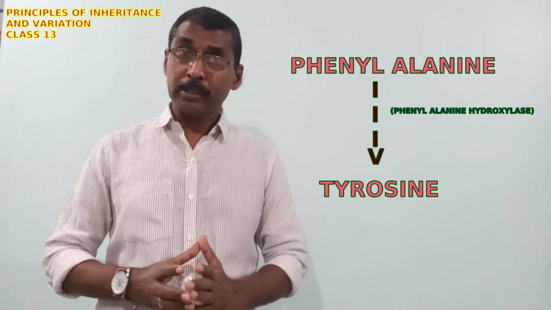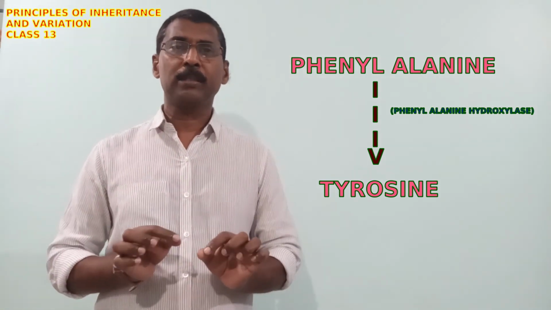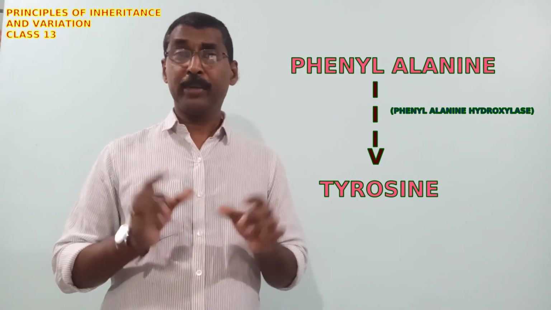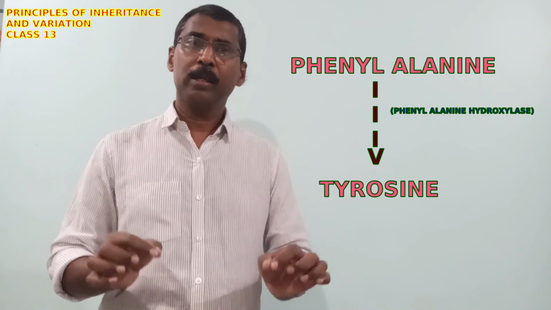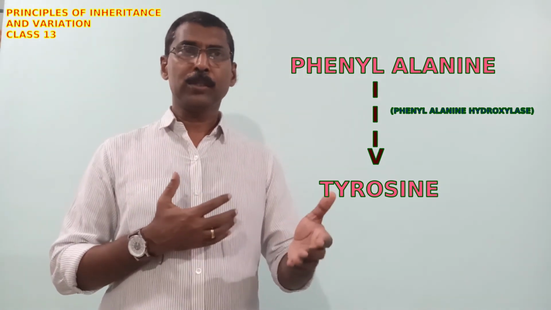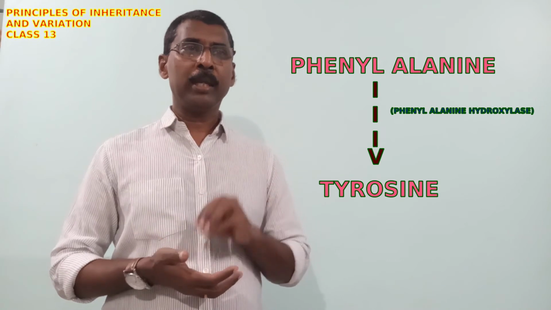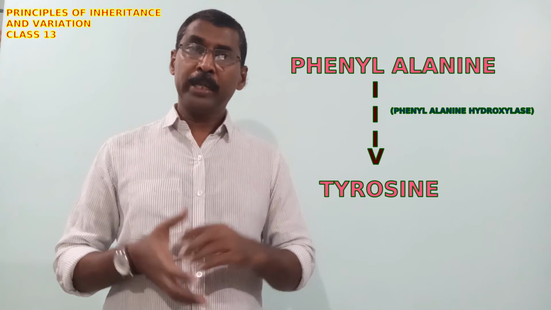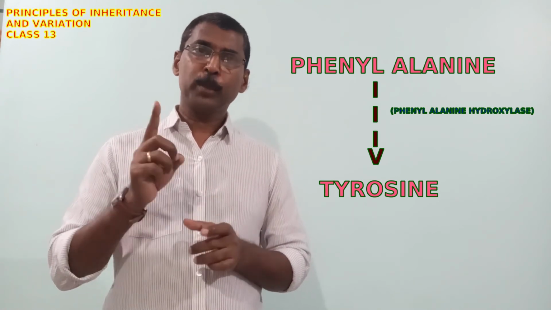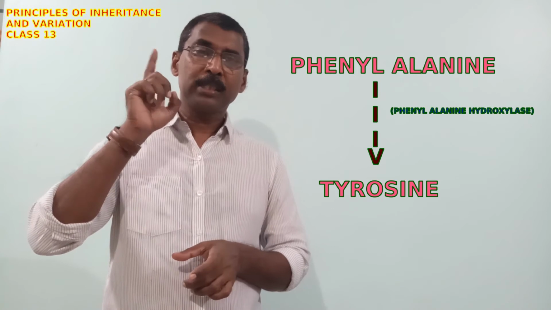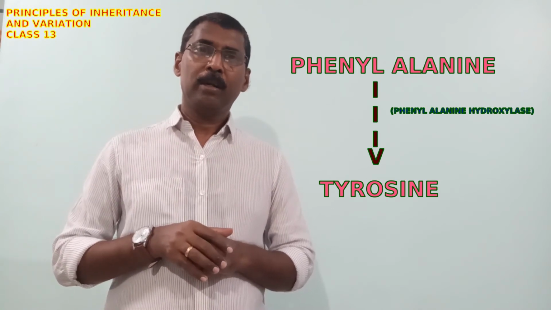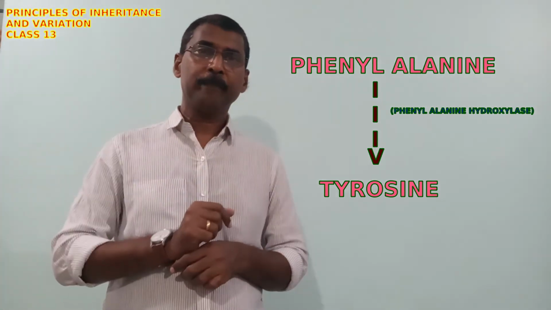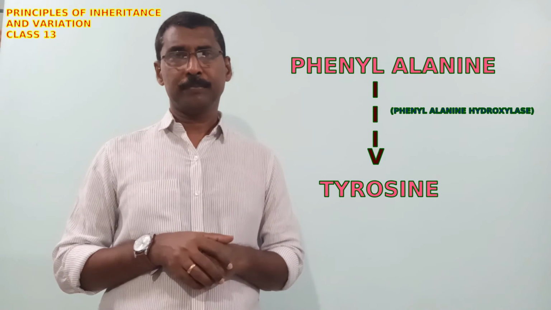And we had already studied that every metabolic reaction is catalyzed by an enzyme. So here also, the conversion of phenylalanine to tyrosine is catalyzed by an enzyme. And enzymes are proteins, and the synthesis of these proteins is directed by a gene.